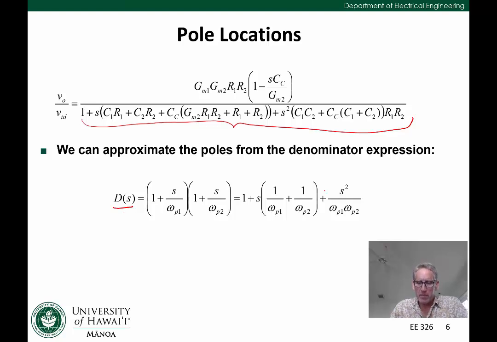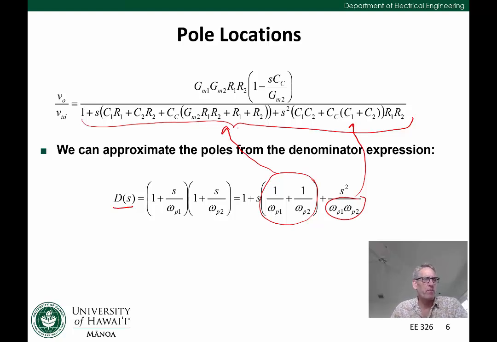And so if I expand this, I get 1 plus s times 1 over omega p1 plus 1 over omega p2, plus s squared over omega p1 times omega p2. And now the basic idea of the approach we're going to take is we're going to say, okay, this term here sort of matches up with the s squared term, and this term here sort of matches up with the s term, and then we start making approximations.